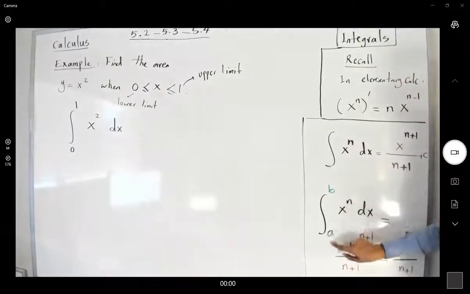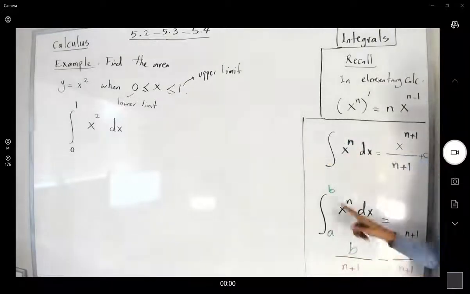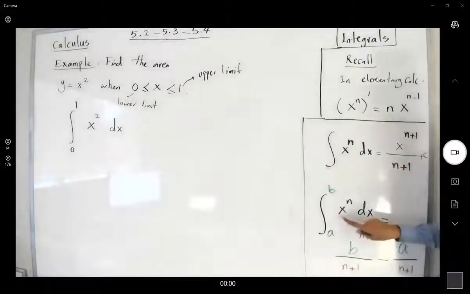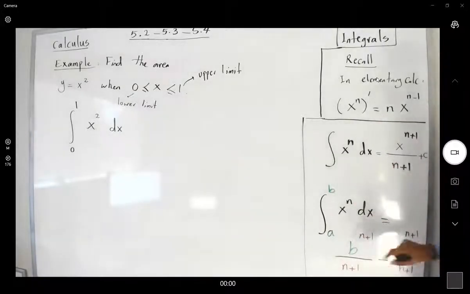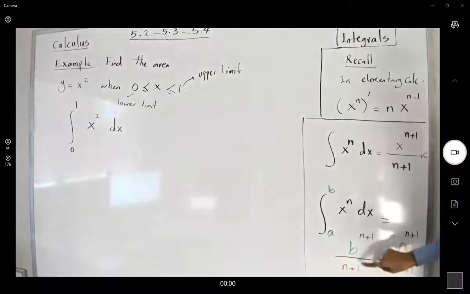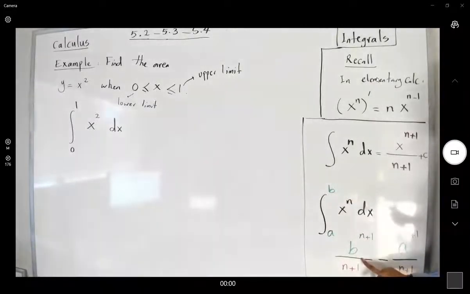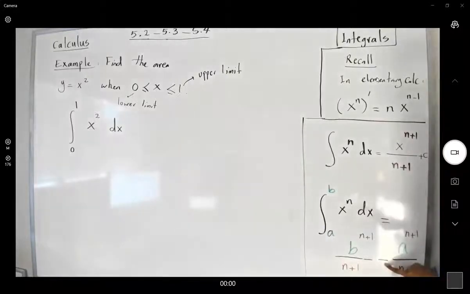When we are calculating the area, which we call the definite integral of x to the n dx, we just find the antiderivative, plug in the upper limit, minus the antiderivative with the lower limit plugged in.